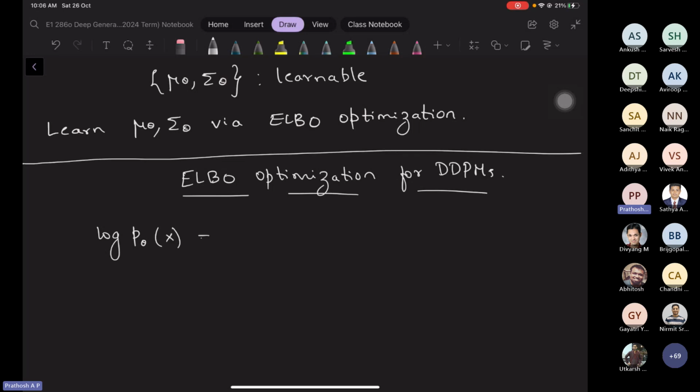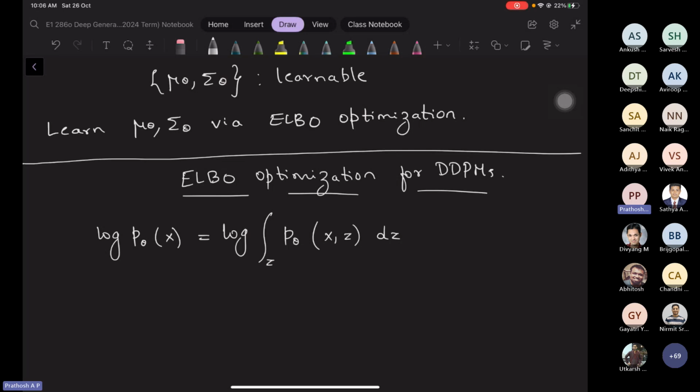We'll start from the definition of the latent variable model: log p theta of x is log of the integral of p theta of x and z dz, correct?